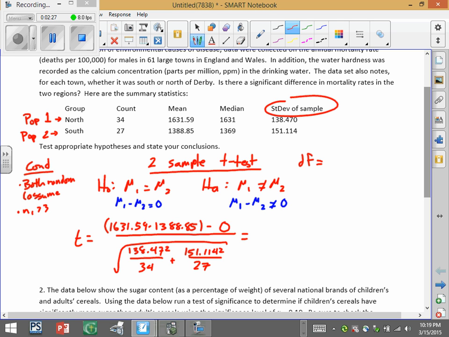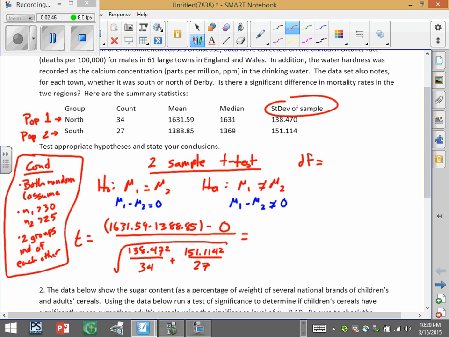N1 is definitely greater than 30. N2, we're going to say it's big enough. It's greater than 25, so we're going to call it big enough. And then the two groups are independent of each other. So there's my conditions. Again, we just want to be familiar with those as we keep working our way through. Now, we're going to let the calculator take it from there.